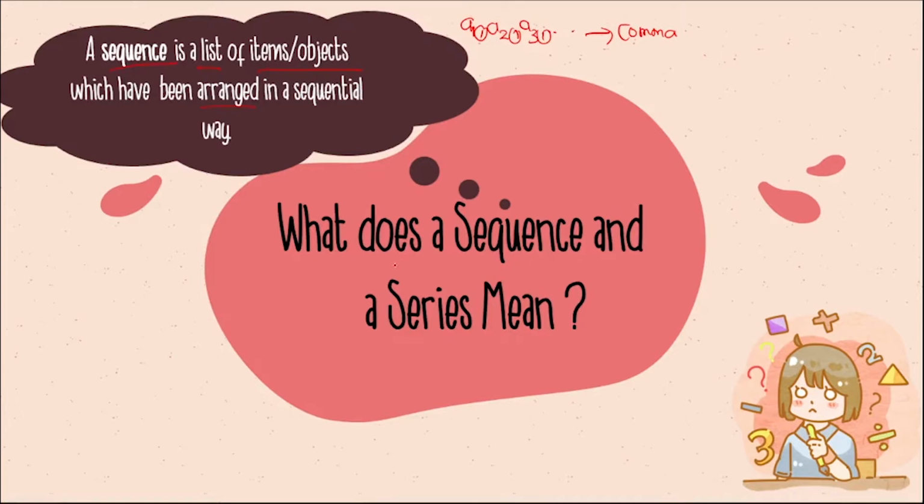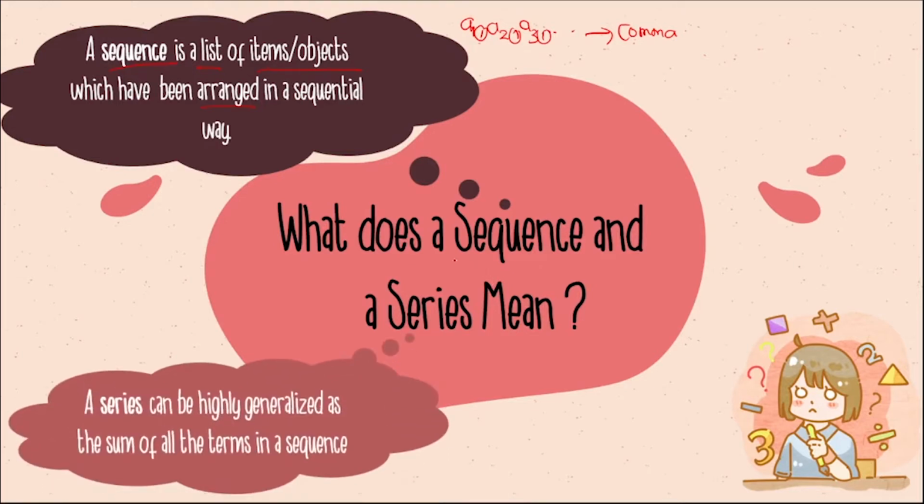Now, what does a series mean? A series can be highly generalized as the sum of all the terms in a sequence. For example, it is like this: A sub 1 plus A sub 2 plus A sub 3 plus dots.